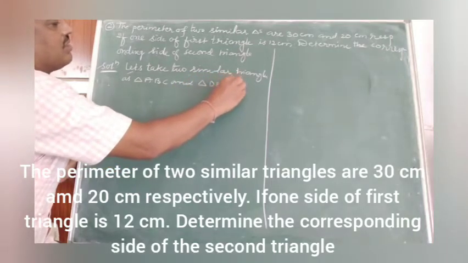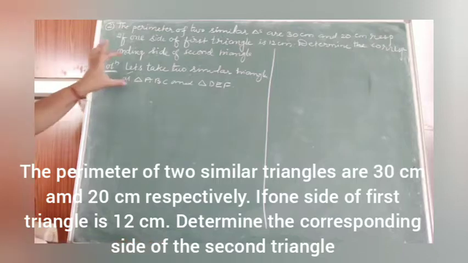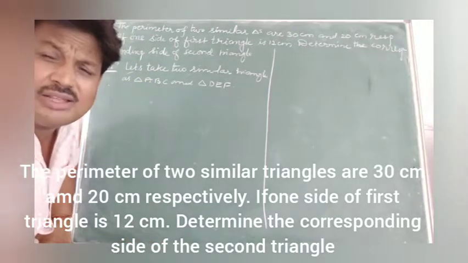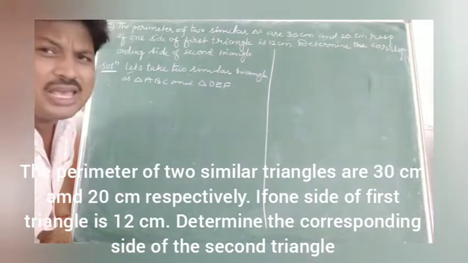You can name them anything, children, that is not important. Okay, let us take two similar triangles, triangle ABC and triangle DEF, children.